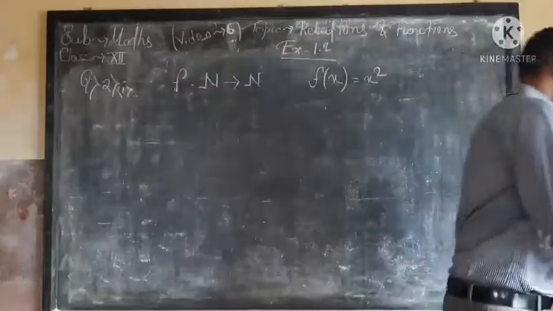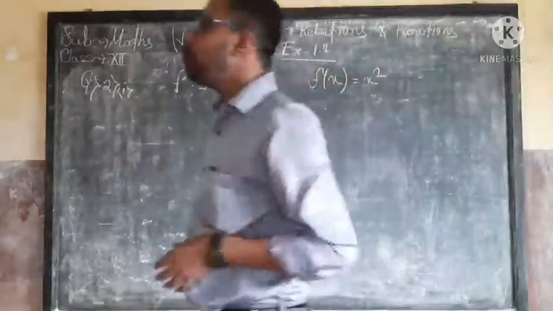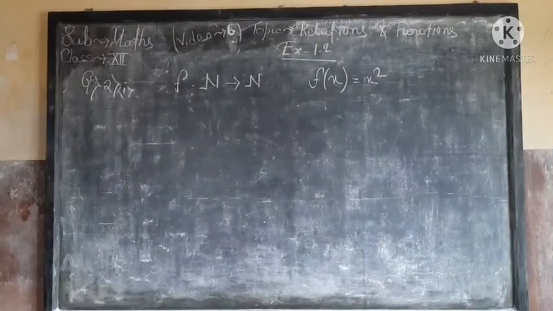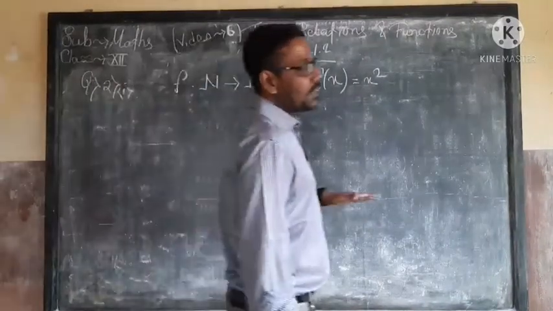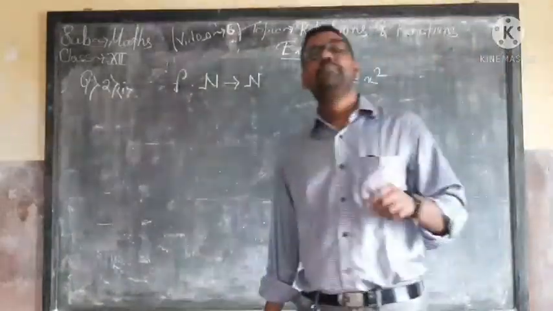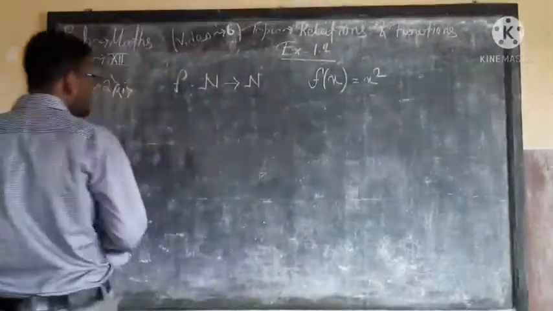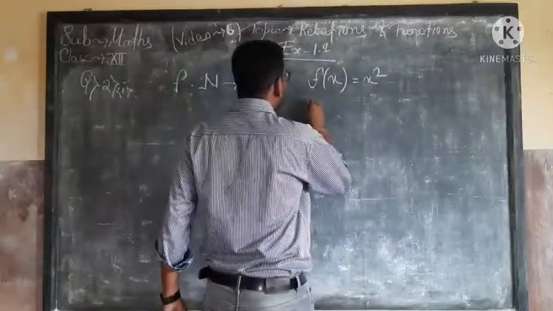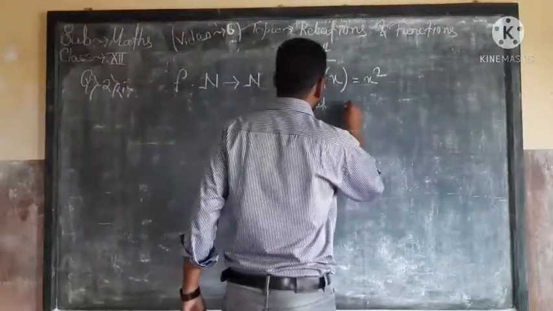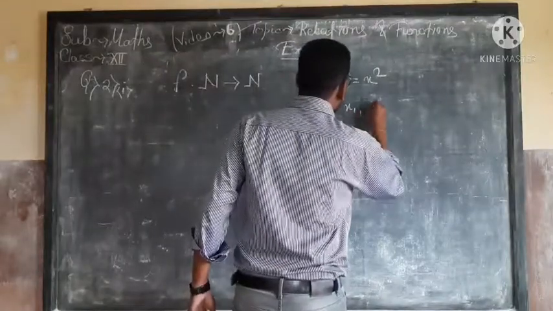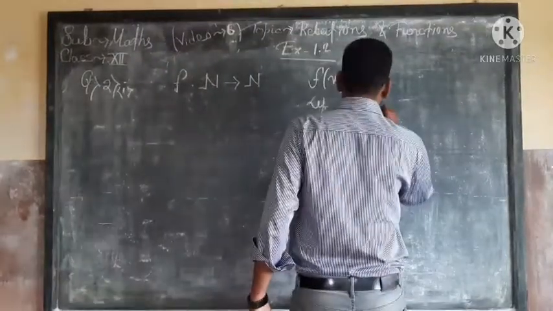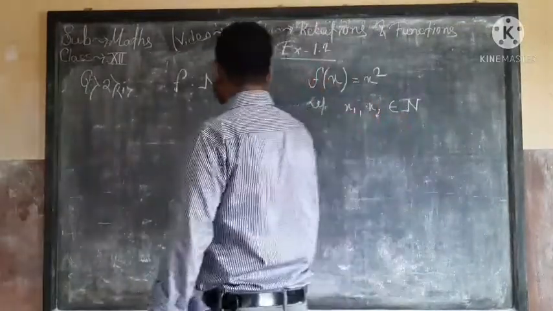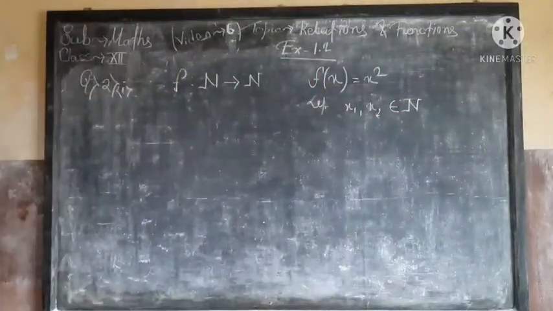So first, how to prove whether these functions satisfy the one-one condition or not, mathematically. So first, let x1, x2 belong to N. That means this N denotes the domain.